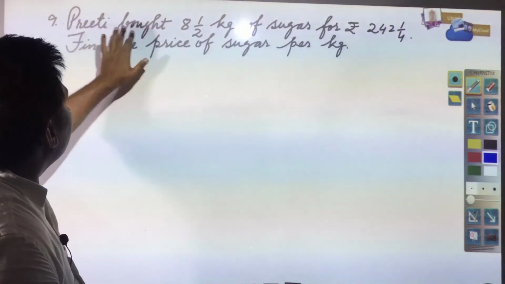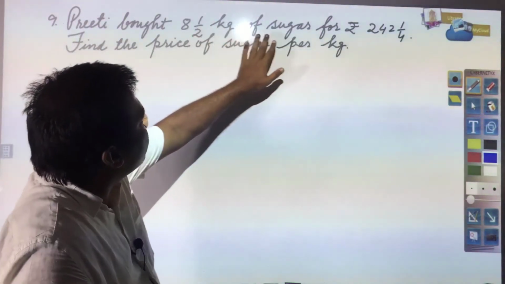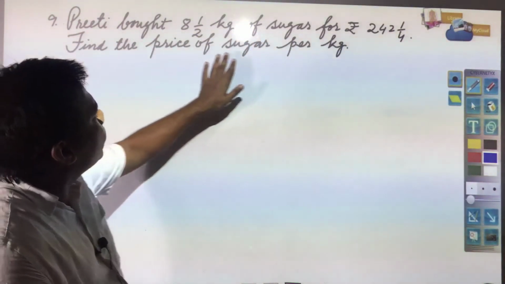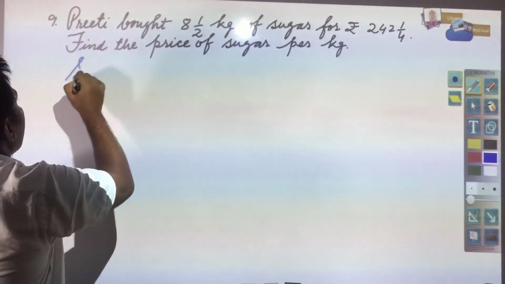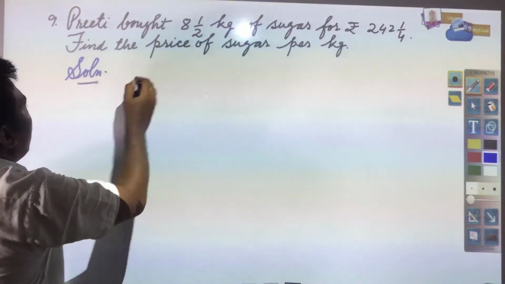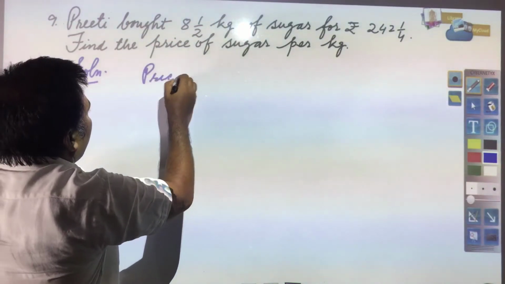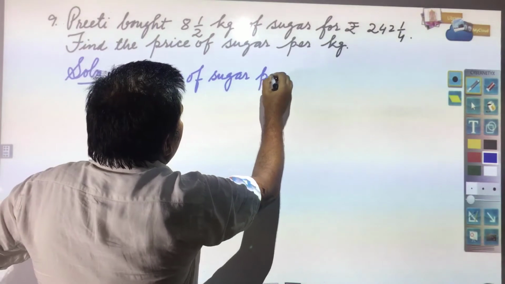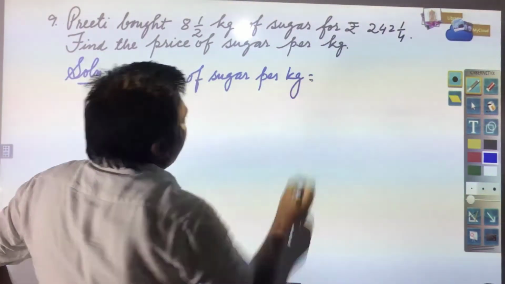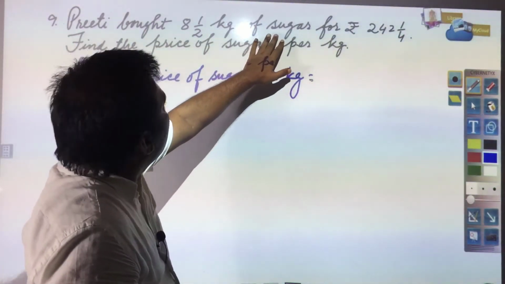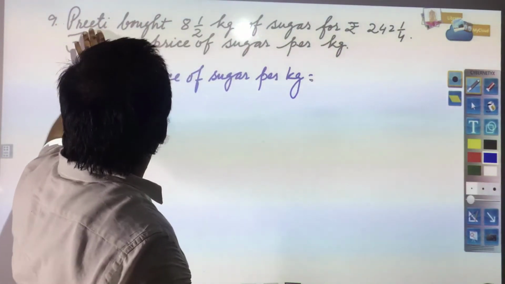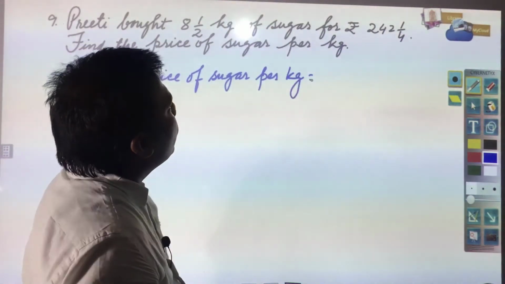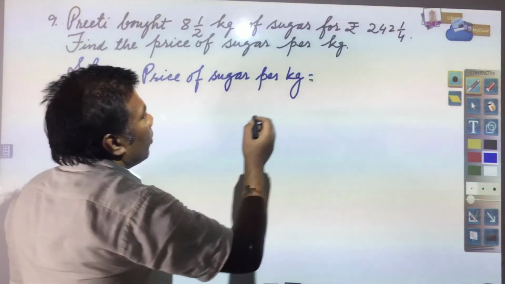Next question we have, Preeti bought 8 whole 1 by 2 kg of sugar for rupees 242 whole 1 by 4. Find the price of sugar per kg. Again, directly also you can write: price of sugar per kg will be equal to, she has bought 8 whole 1 by 2 kg of sugar for rupees 242 whole 1 by 4.